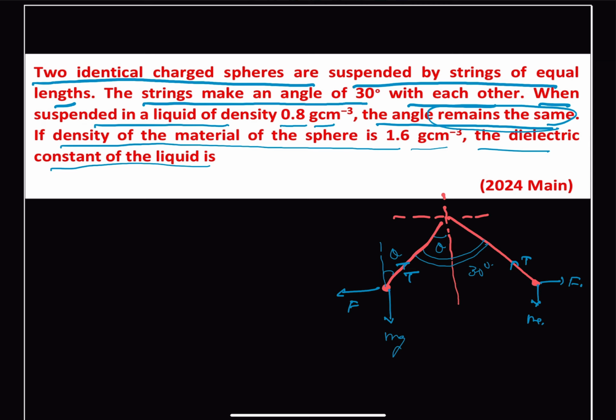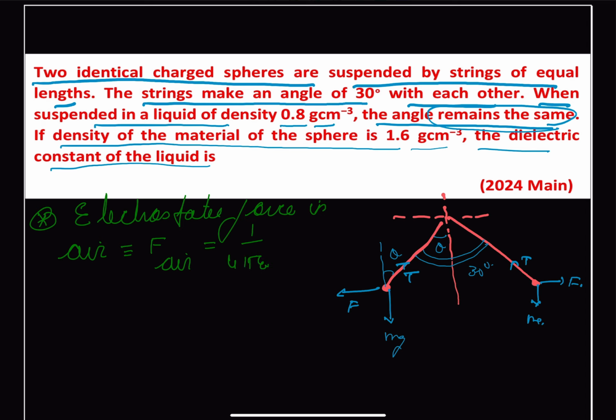And so we can say the electrostatic force when this entire setup is in the air, let us call that F air, and that will be equal to 1 upon 4 pi epsilon naught, and this is q square upon r square.